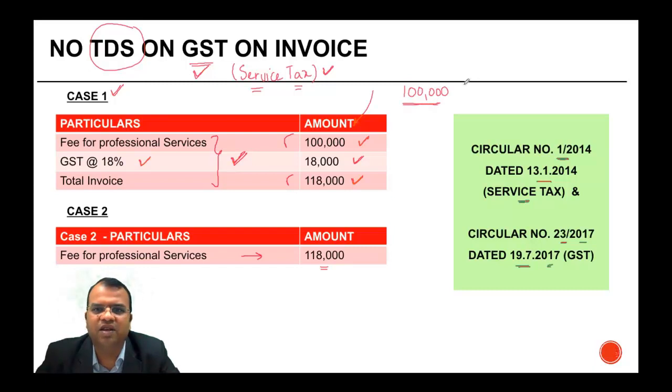So let's say if the rate is 10%, on 1 lakh we will apply 10% and withhold a tax of 10,000. But if the GST is not mentioned separately, then the TDS has to be deducted on this gross amount at the rate of 10%, which will be 11,800.